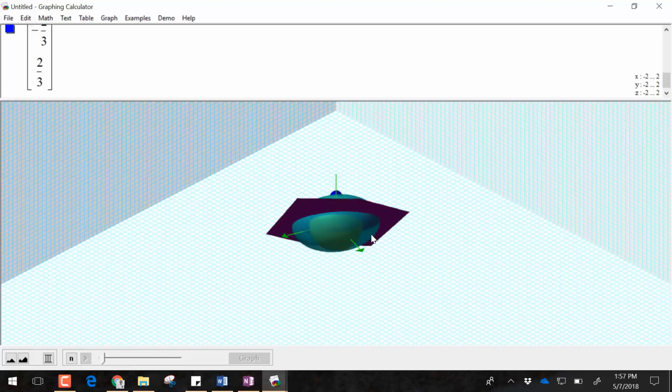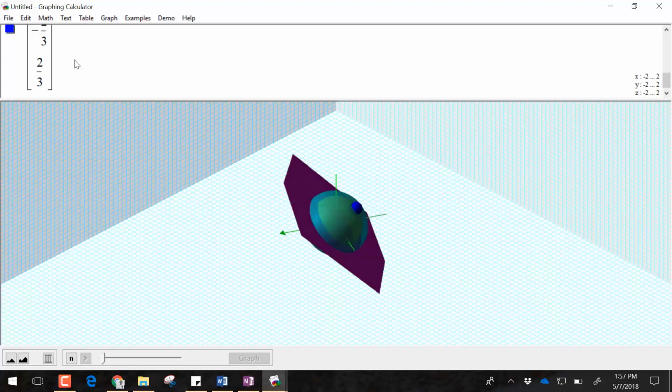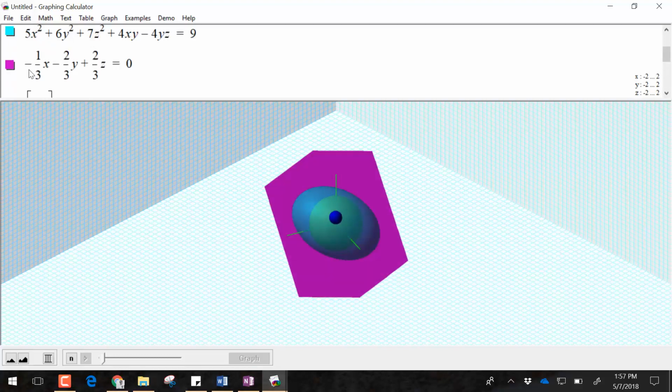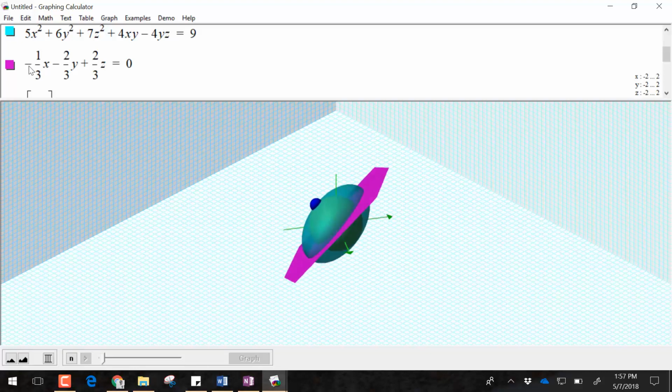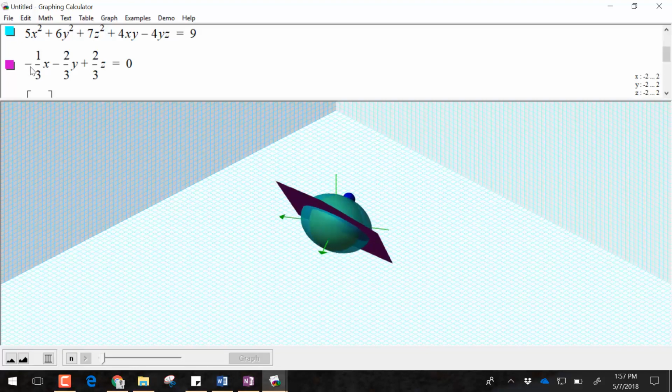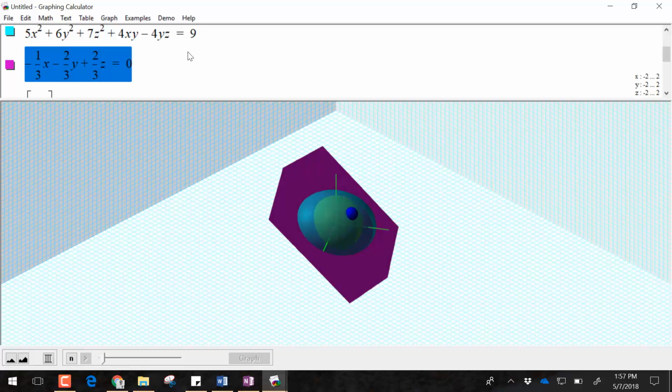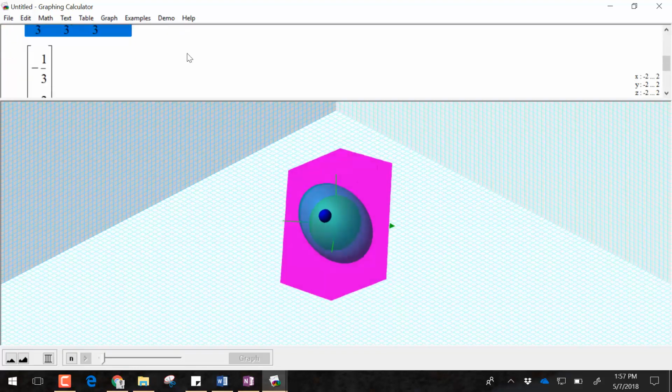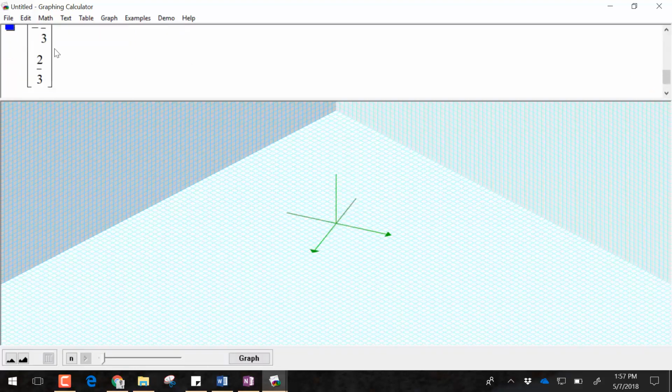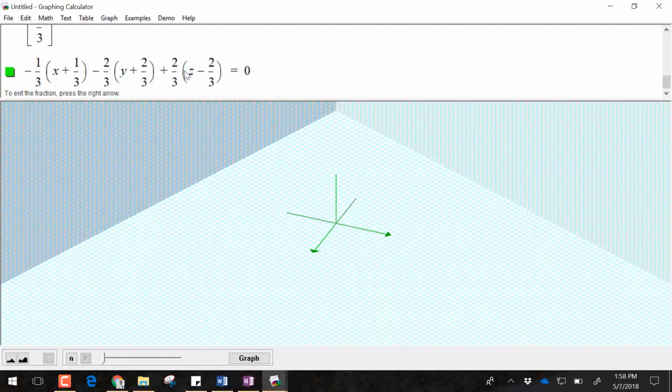It's supposed to be parallel to that. So if we move that to that point, how do you move that to that point? Yeah, there's a shift, but the shift is kind of complicated. So x plus 1/3, y plus 2/3, z minus 2/3.